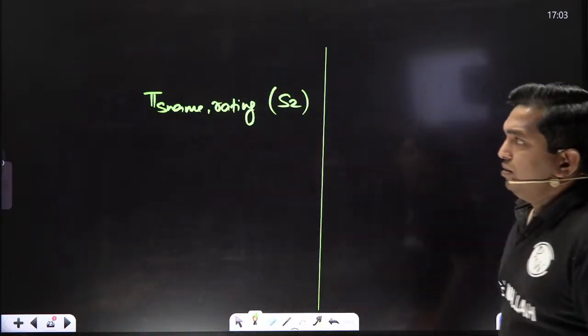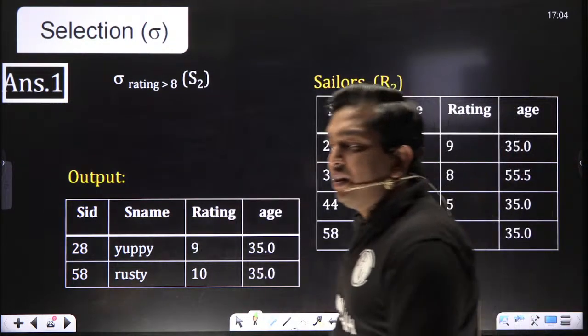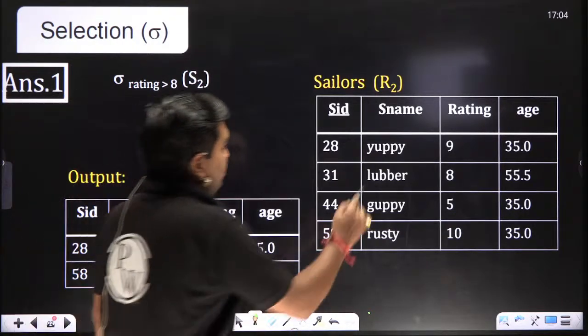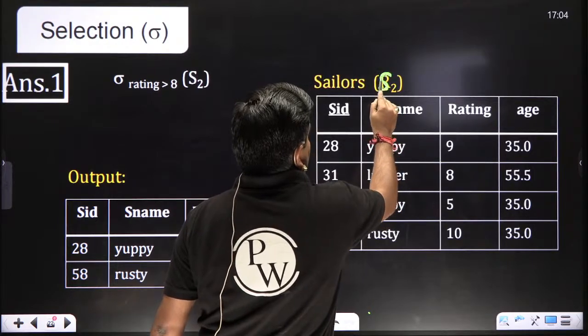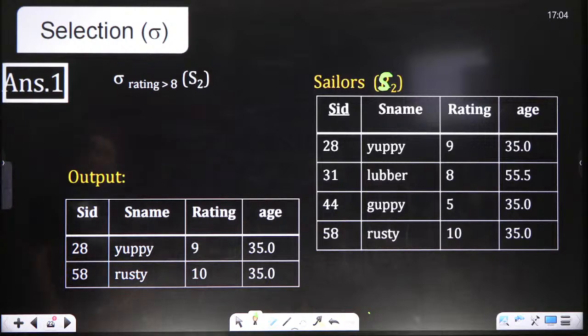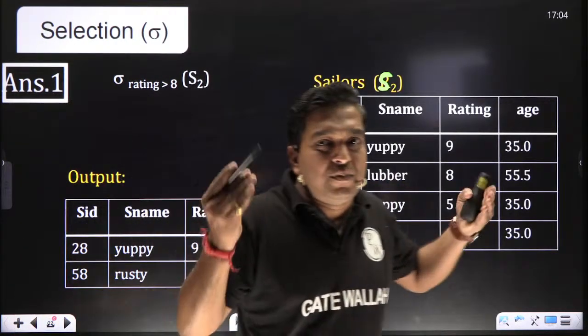This is seller S2. How many tuples will you get? Let me know fast.